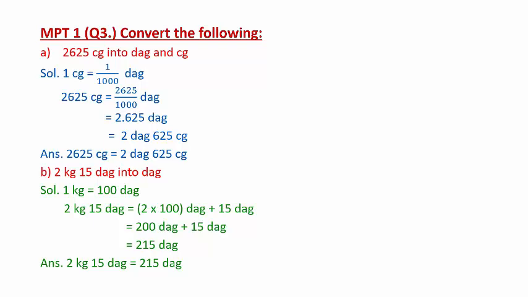So 2 into 100 decagram will give you 200 decagram plus 15 decagram. Now the units are the same, that is decagram. So 200 plus 15 is 215 decagram. And the answer is 2 kilogram 15 decagram equals 215 decagram.